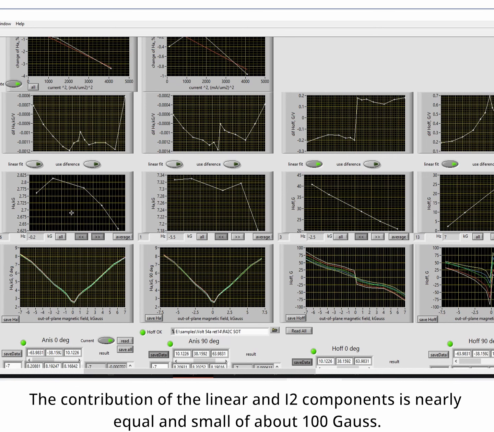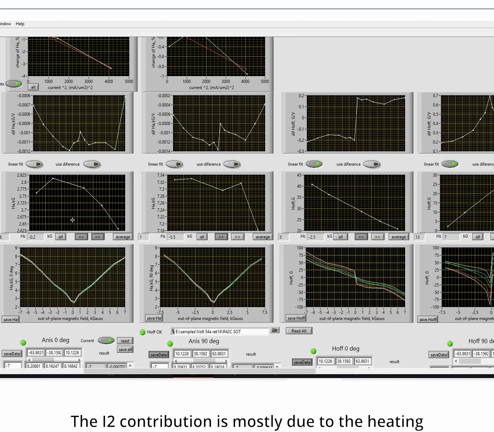For this sample, both contributions, the linear and the current square contribution, are nearly equal and small, of about 100 Gauss. For this nanomagnet, the current square contribution is mostly due to the heating.